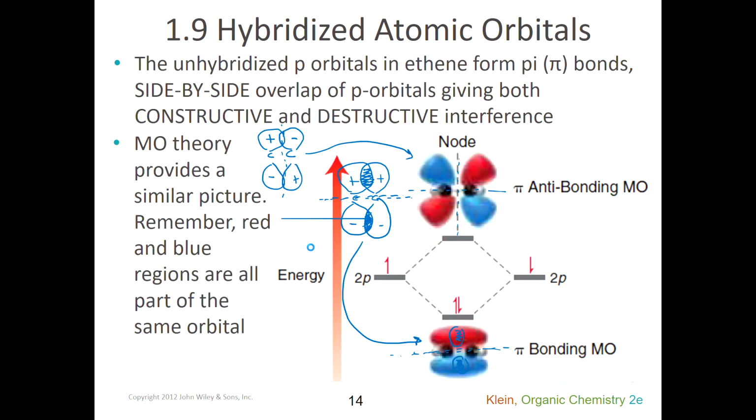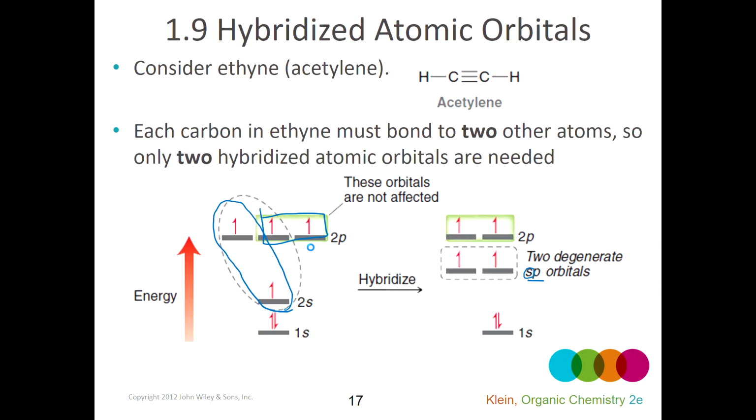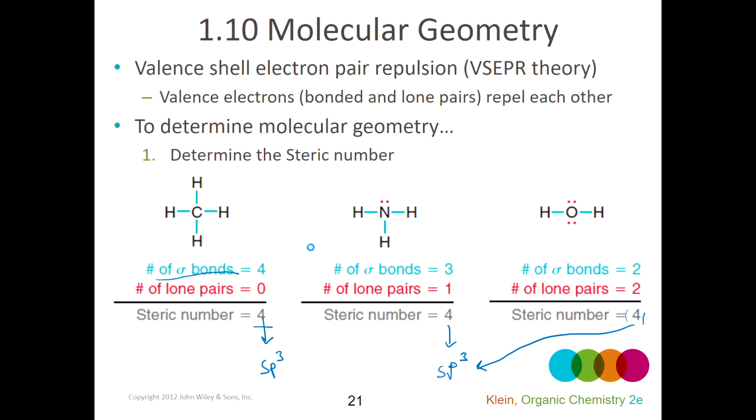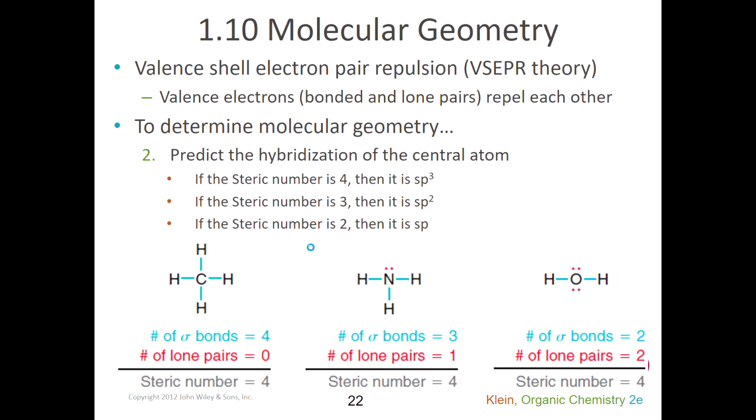So there are some exceptions to that. We'll talk about them a little later when we see how they're relevant. So when the steric number is 4, we know it's going to be sp3. If the steric number is 3, it should be sp2, because that means that the atom needs to hold 3 sigma bonds, or 2 sigma bonds and a lone pair, or 1 sigma bond and 2 lone pairs.